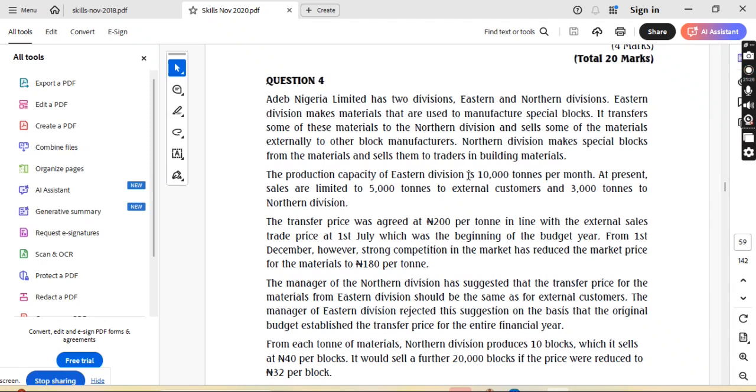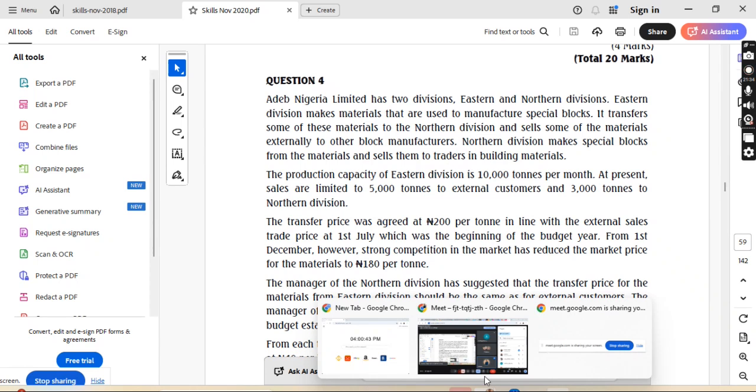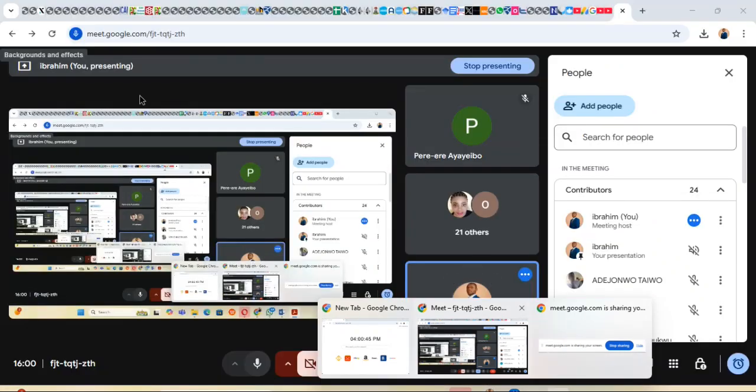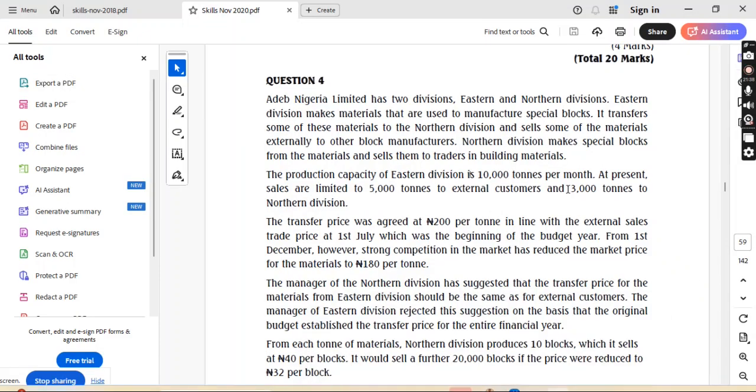Now, they will make sales of 5,000 tons to external customers, then 3,000 tons to the northern division. So that is 8,000 tons, 5,000 and 3,000 tons.